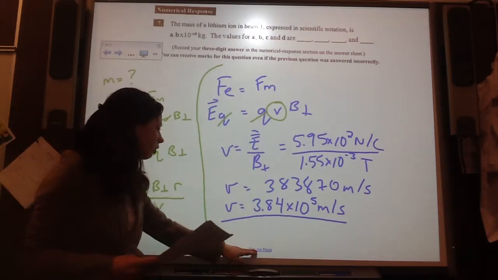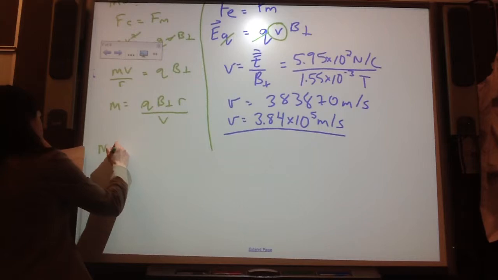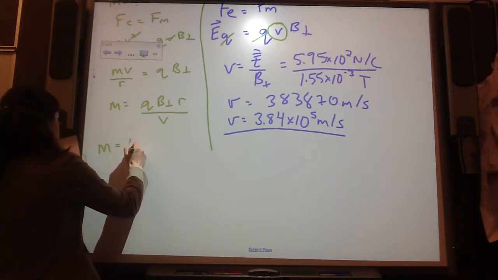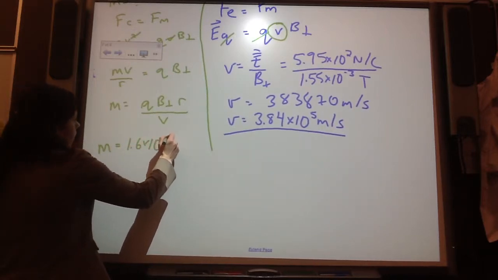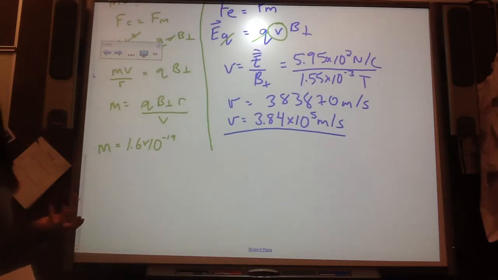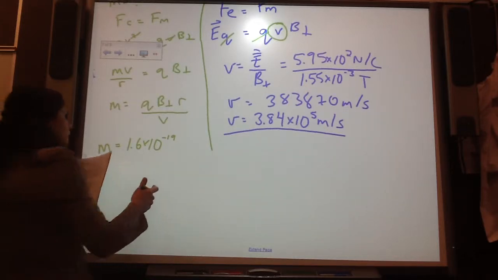So now m is equal to 1.6 times 10 to the negative 19. How did I know to use just one elementary charge? Because it's a lithium ion, and lithium is Li plus 1. It's just one charge, a positive charge, plus 1.